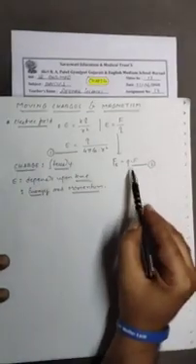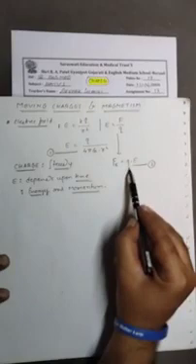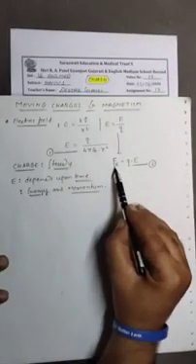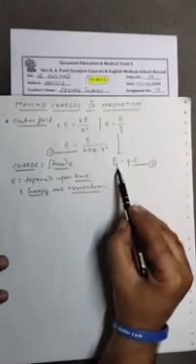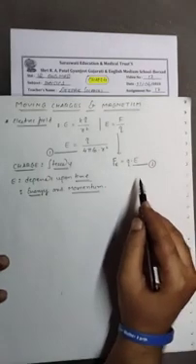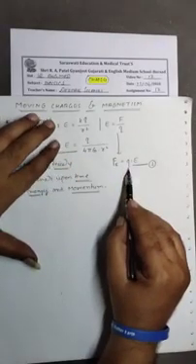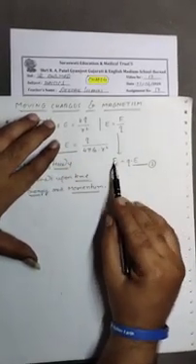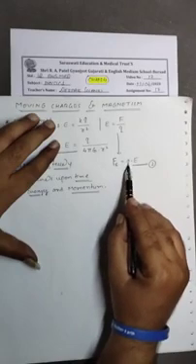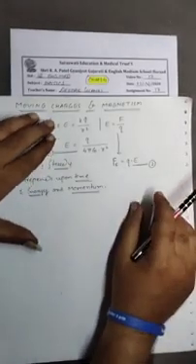Similarly, if the charges are steady, then the force acting on it is given by F subscript E, means it is electric force, and electric force acting on a charge is given by equation number 2, that is Fe is equal to Q multiplied by E.